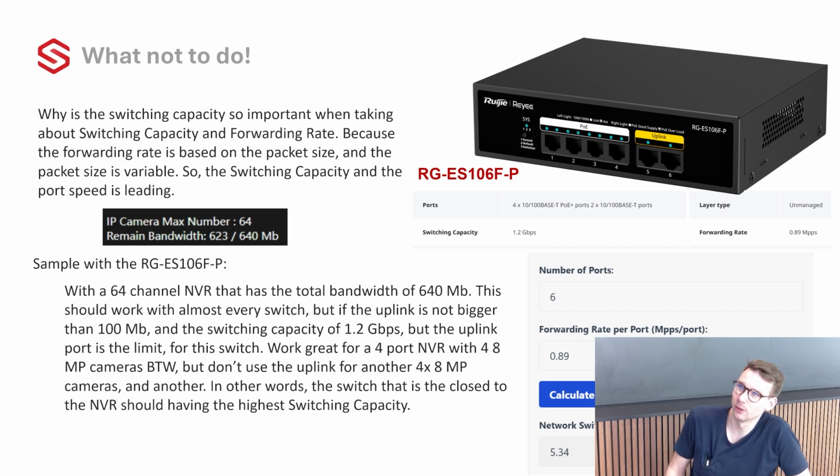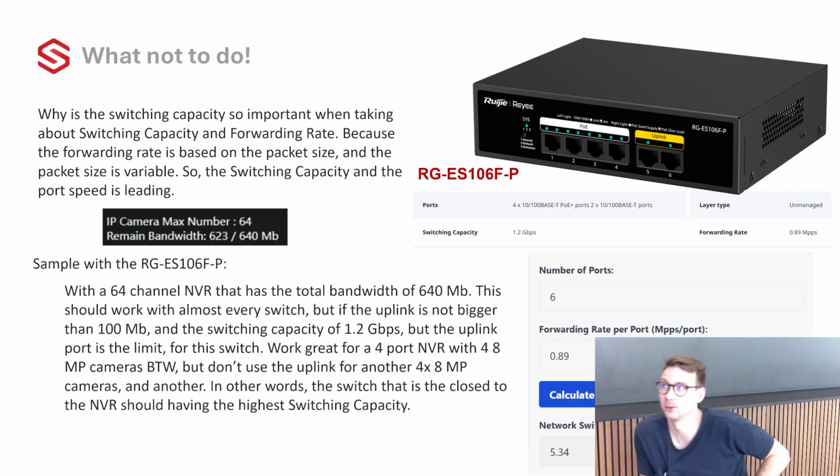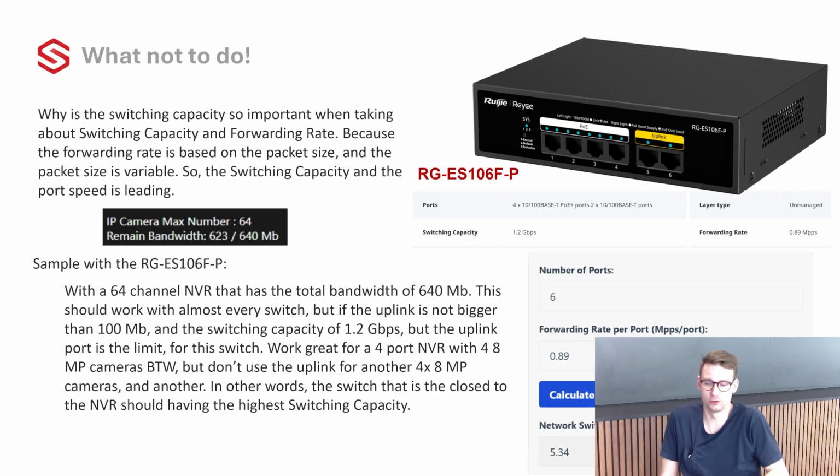That one is a funny one, but also important. Just a small example to know what not to do. What we're going to talk about here is why switching capacity is so important.